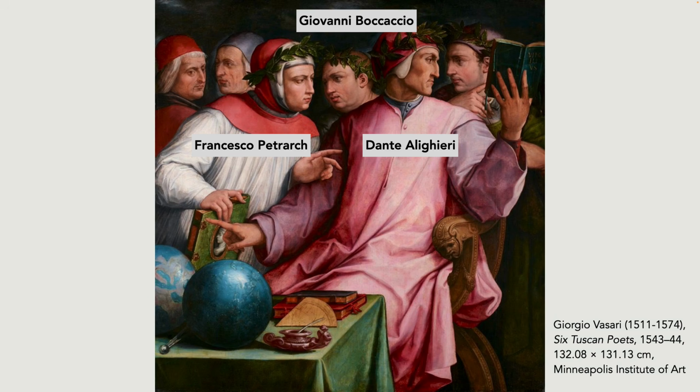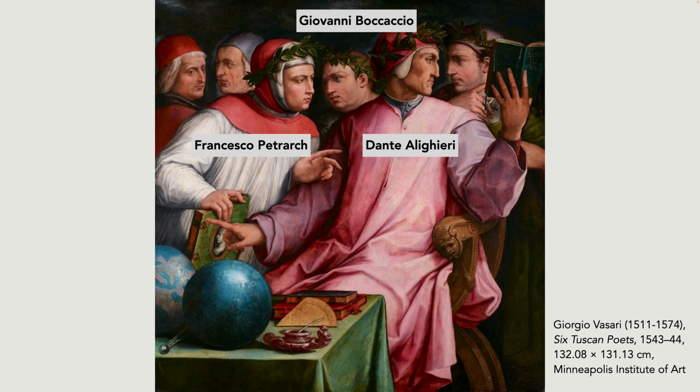All the figures in the painting are well-known figures of the period, but I'll just talk about three. First of all, Dante Alighieri, one of the most celebrated poets of the age, in fact of all time, and the author of the Divine Comedy. He's sitting most prominently in the painting.